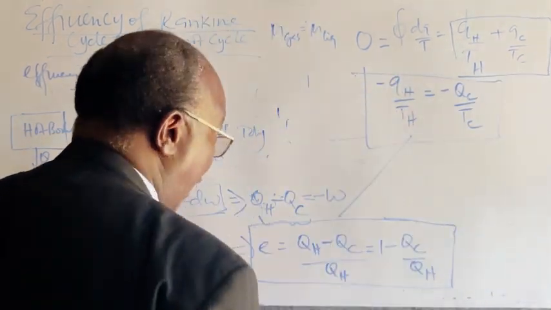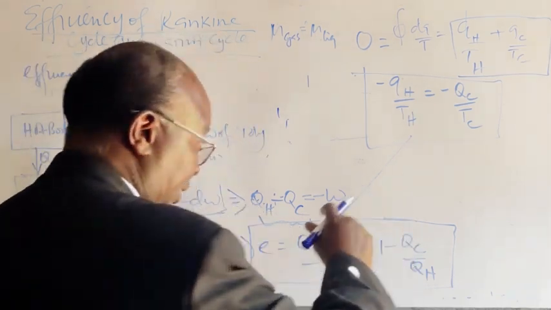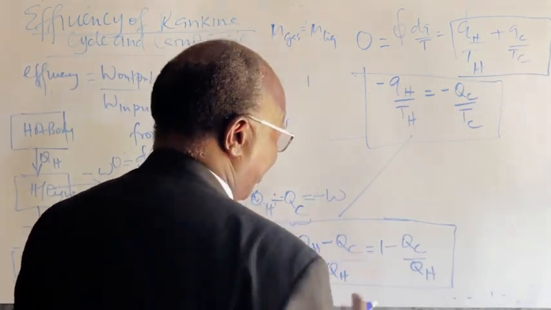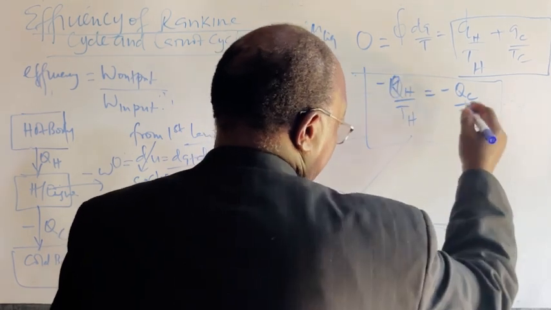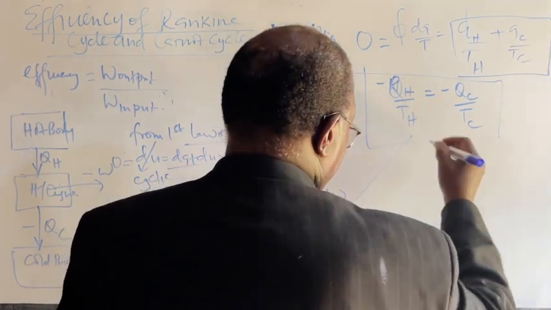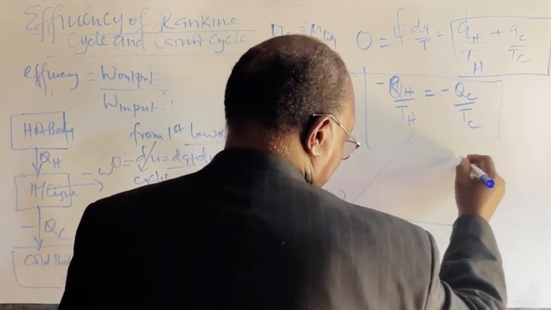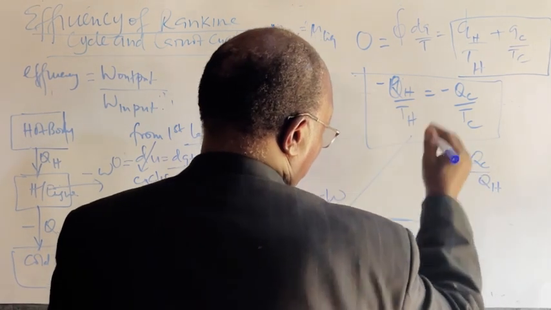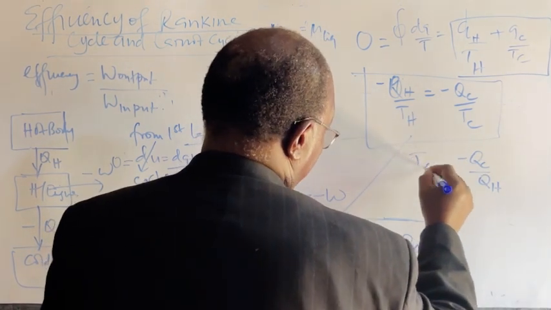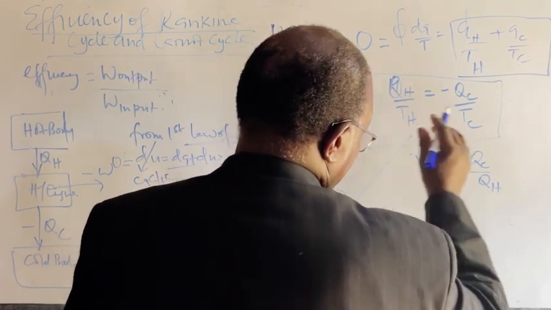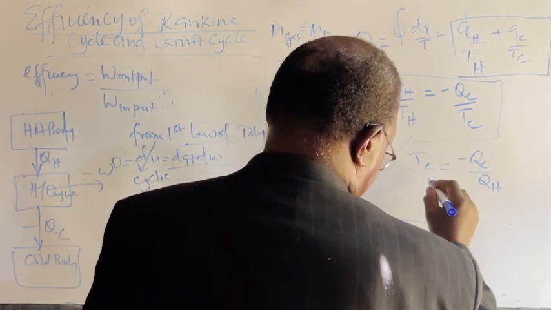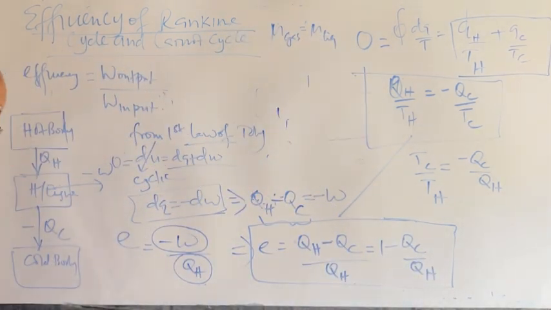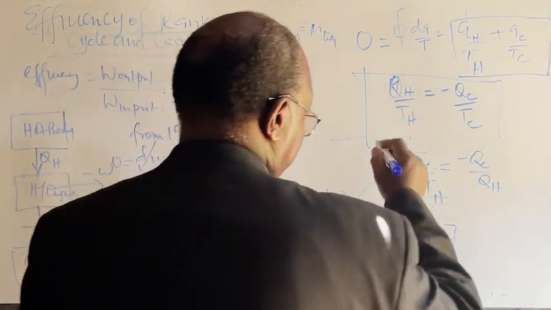So all we need to do now is to rearrange this particular quantity so that we have QC over QH. So minus QC over QH is equal to TC over TH.